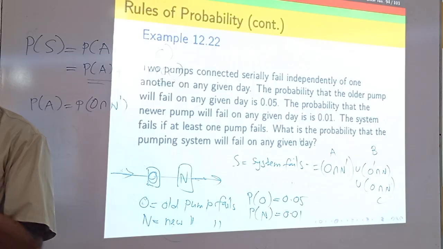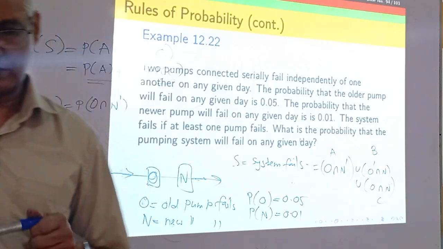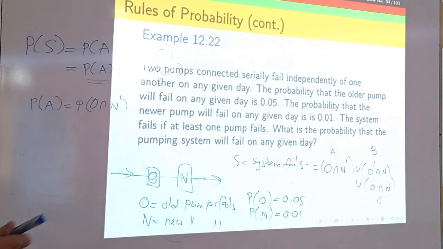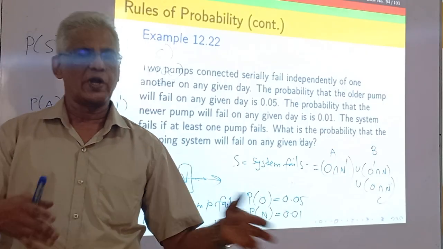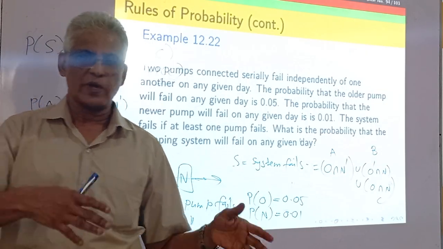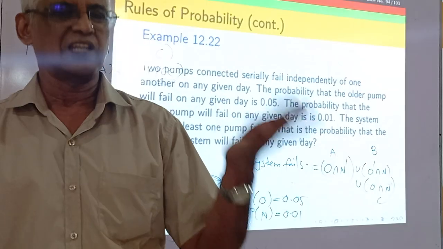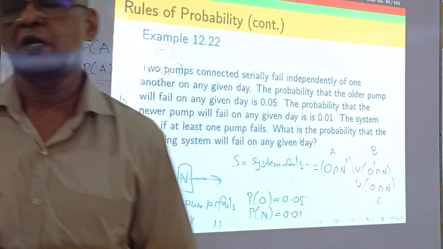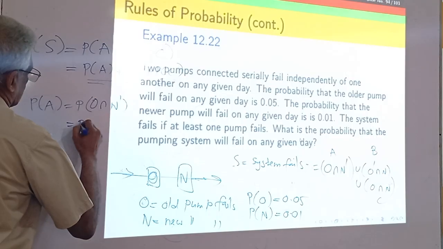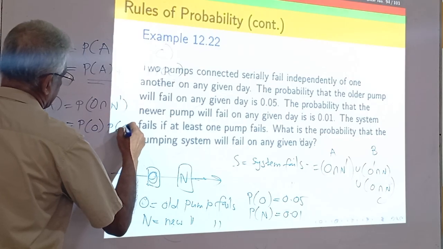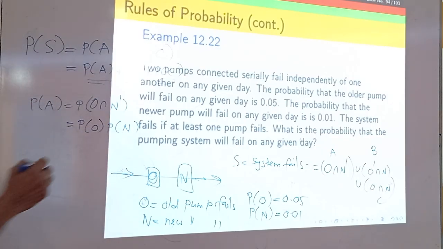Whether one fails or not doesn't depend on whether the other fails. So if O and N are independent, we can prove that O dash and N dash are independent, and O and N dash are independent. Practically we can also think about it like that, and mathematically we can also prove that. So therefore this should be equal to the probability of O times the probability of N dash.